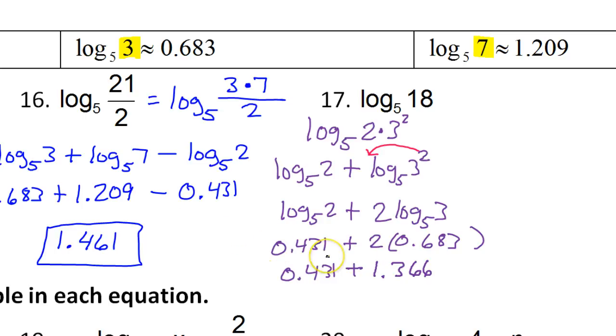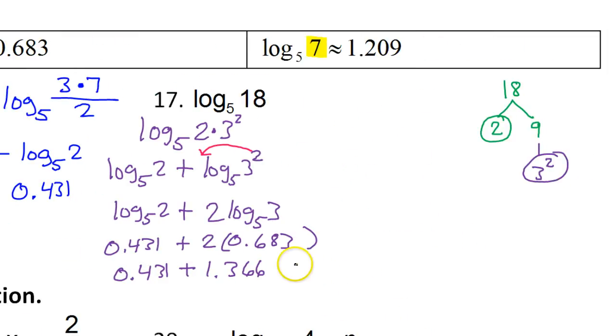And adding these up, I'm getting, let's see, maybe I'll put this over here. I'm getting 1.797. Okay. That is number 17. Alright, let's find number 18.